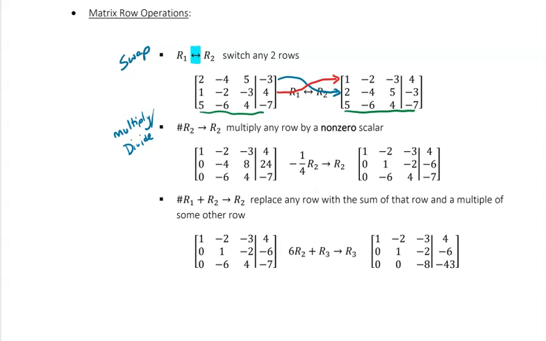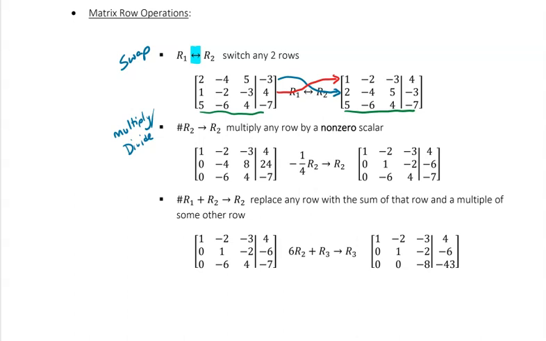You can't do it by 0, because if you multiply a whole row by 0, well then all of those numbers just go away. They all turn into zeros. That's no help. So we can never multiply by 0, but you can multiply it by anything else. And by extension, you can divide it by anything you want as well, as long as you're not dividing by 0 either.